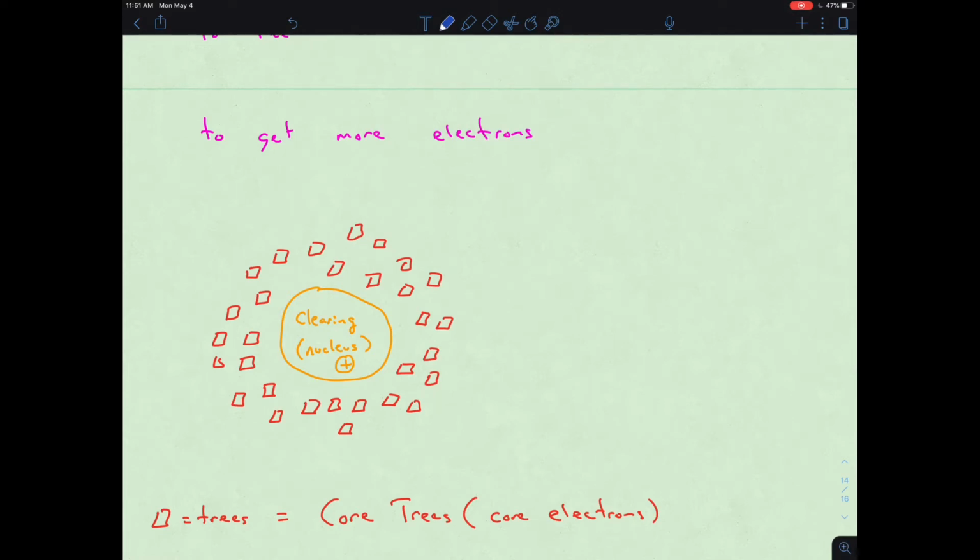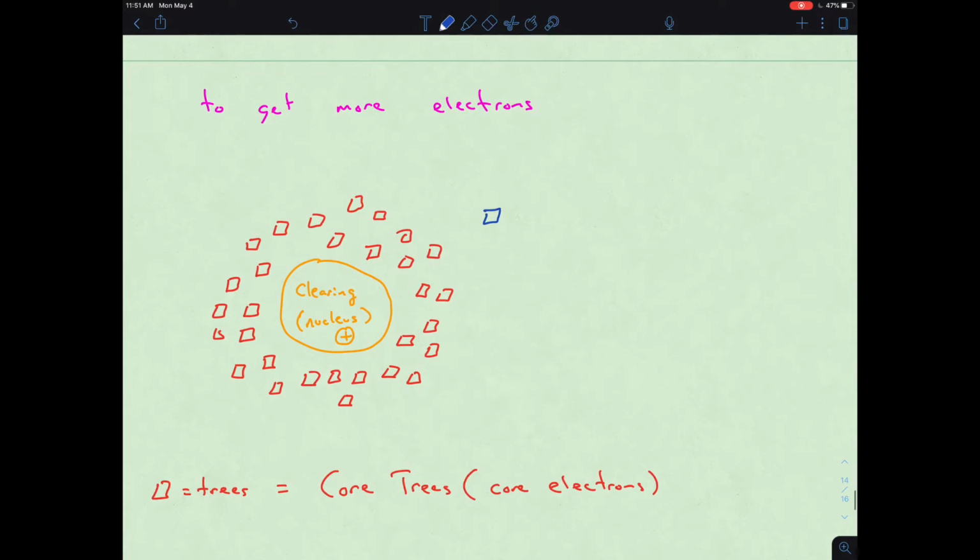If I'm an electron out here, we could call that a hiker. That's the valence hiker, or the valence electron.